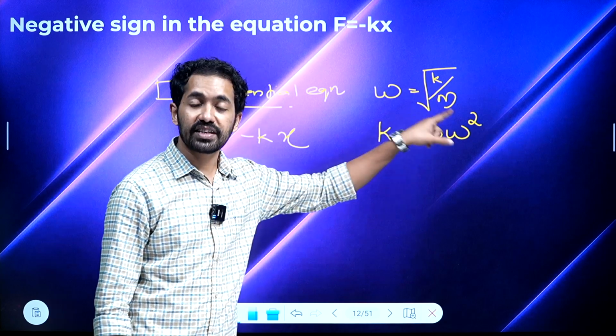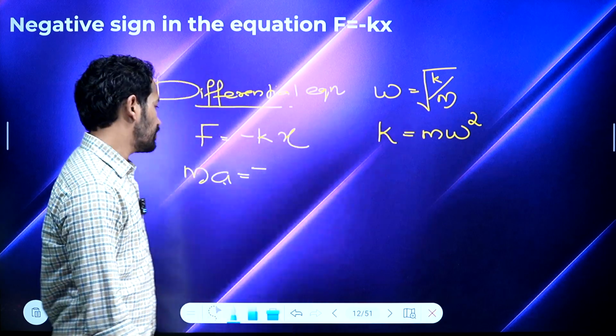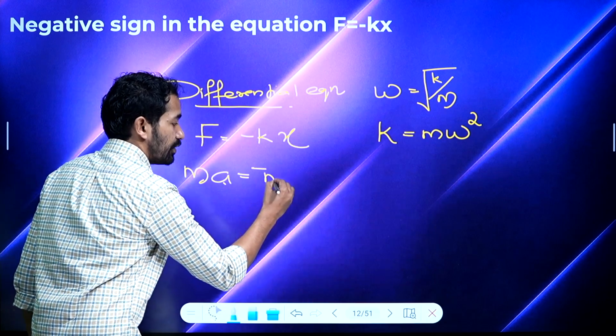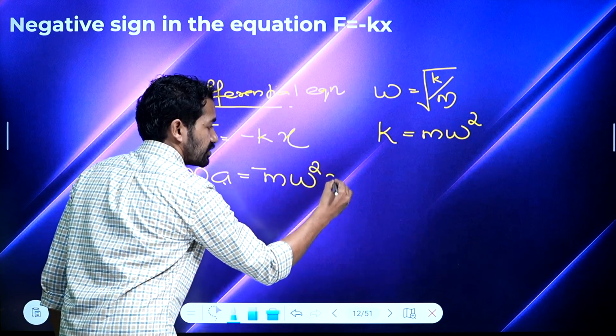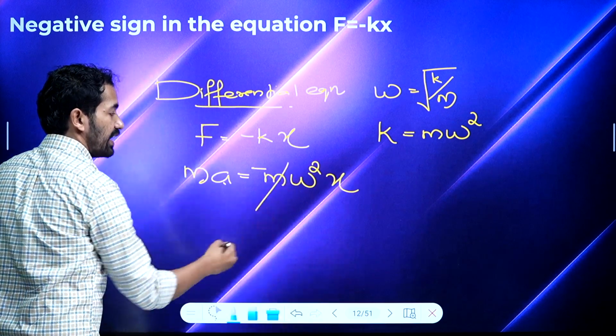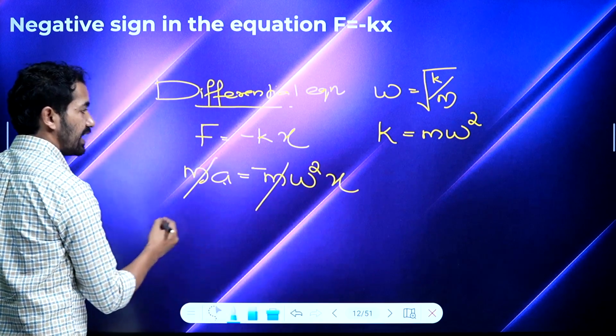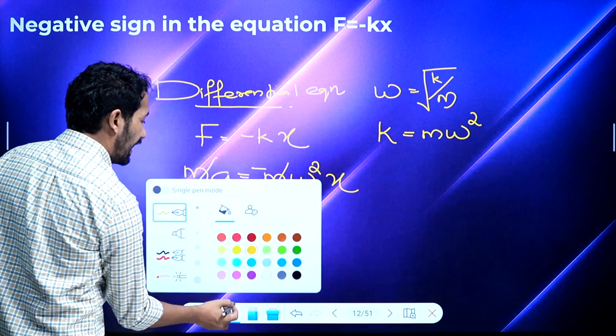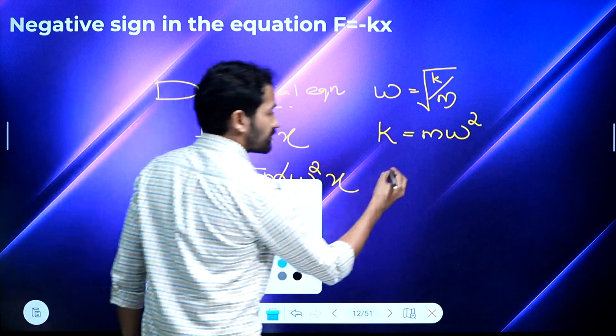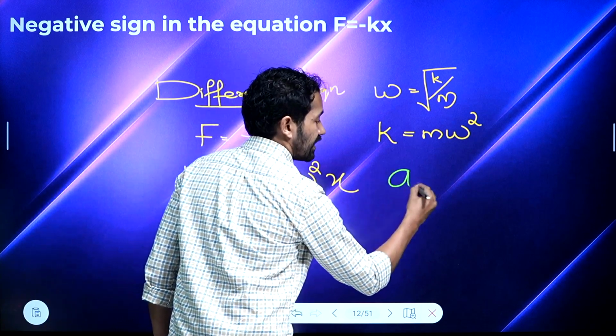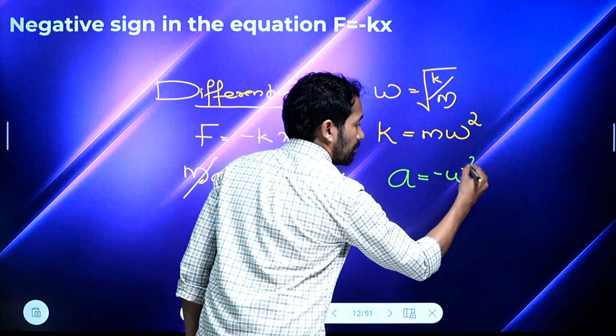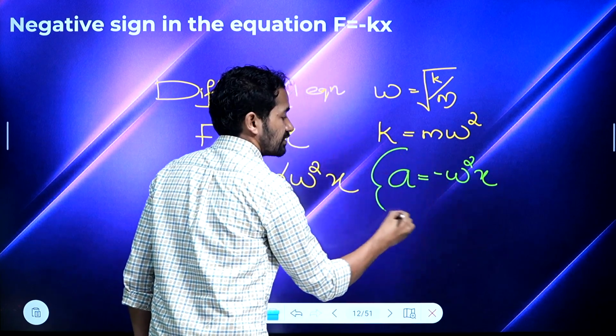See, m is the mass and omega is the angular velocity, correct? So ma is equal to minus m omega square x. Now what I will do, I will cancel m, and I will get another equation which is a equal to minus omega square x. Acceleration a is equal to minus omega square x.